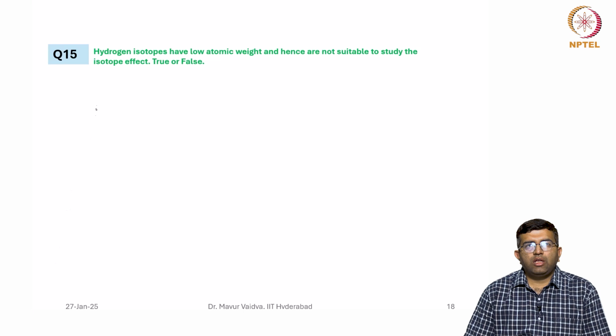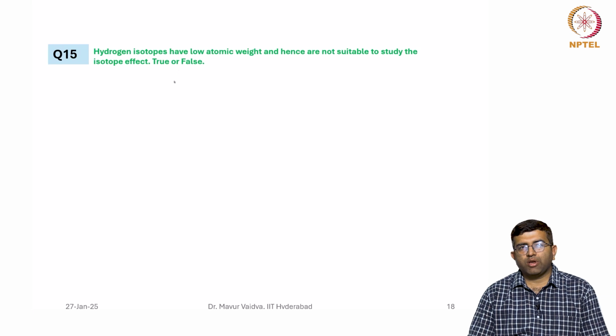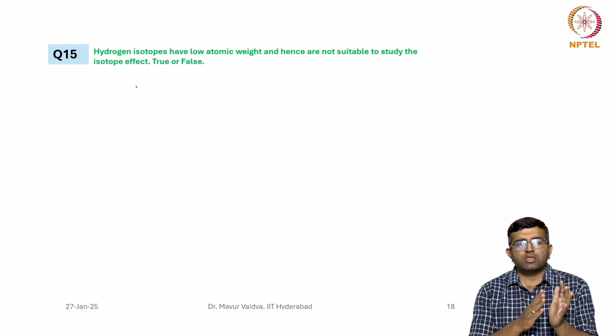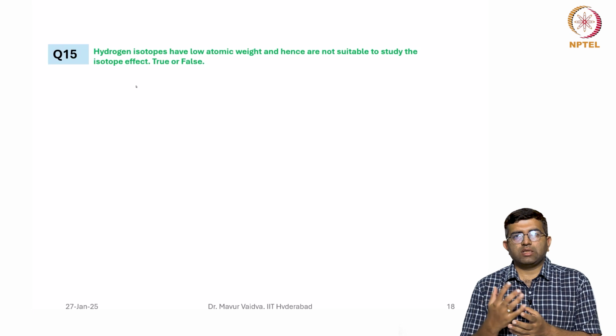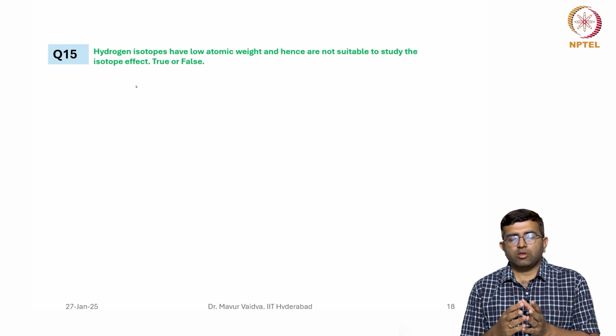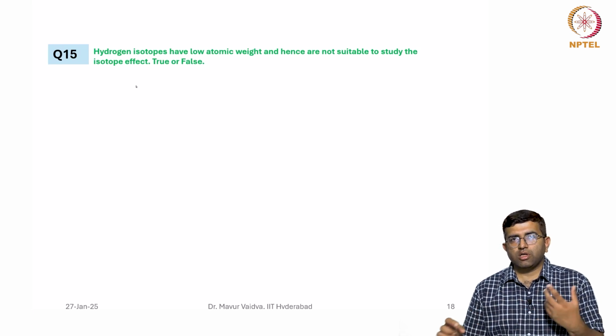Question number 15. Hydrogen isotopes have low atomic weight and hence are not suitable to study the isotope effect. True or false? This is false. In fact, because the ratio of the atomic masses is fairly large, the isotope effect has been studied well in these hydrogen isotopes.